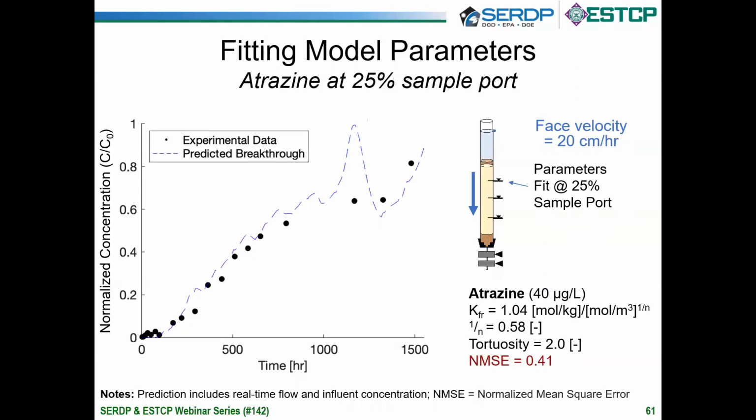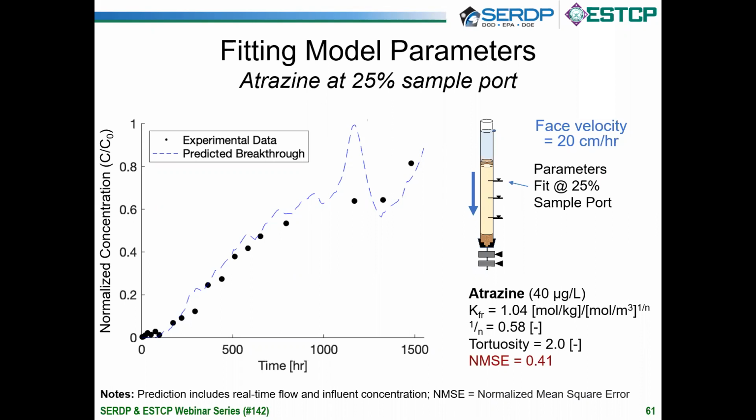The black dots here are the data extending over 1,500 hours, and the dashed blue line is our predicted breakthrough. Now, our predicted breakthrough includes real-time flow and effluent concentration variation, which you can imagine in a long test. Even though we're trying to hold it constant, there are issues with fluctuations in concentration of compound and in delivery of the flow rate.